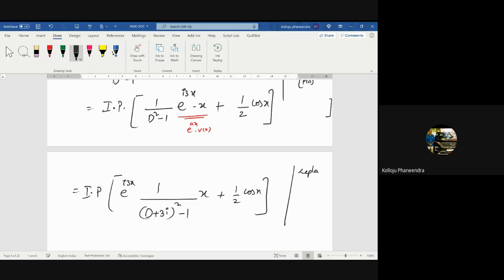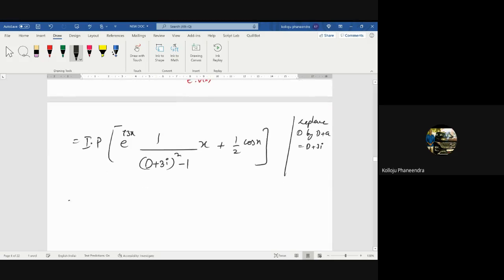Replace d by d plus a, that is d plus 3i. Okay. So you must be thorough with the rules. That is very important. e power i3x 1 by d square minus 9 plus 6di minus 1 into x, cosine x by 2.